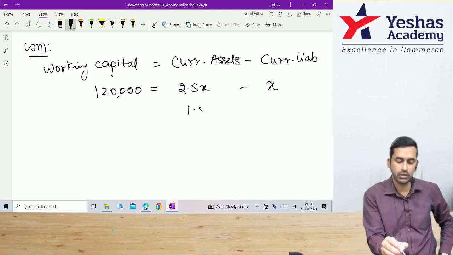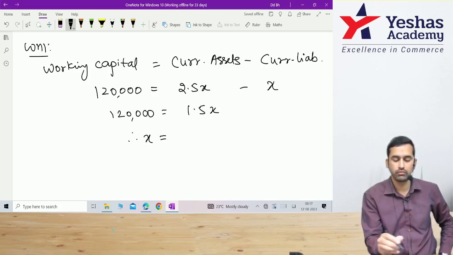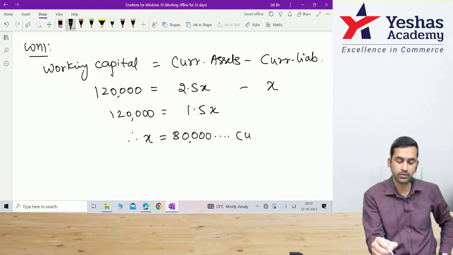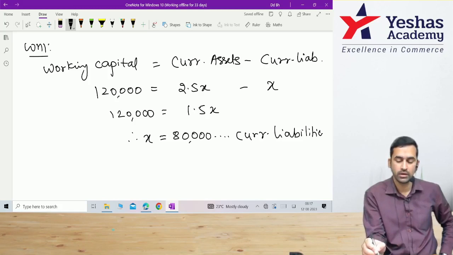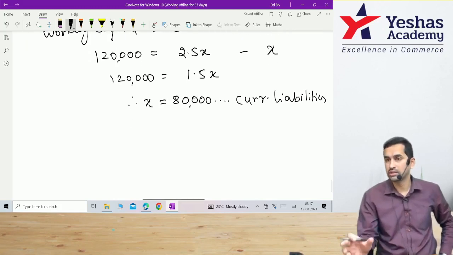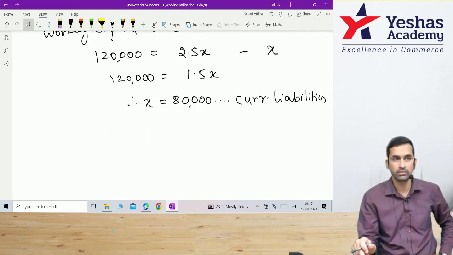Right? This will now be 1.5x. Value of X is 80,000. And this was current liabilities. Out of this, I already know one current liability number, bank OD, correct?